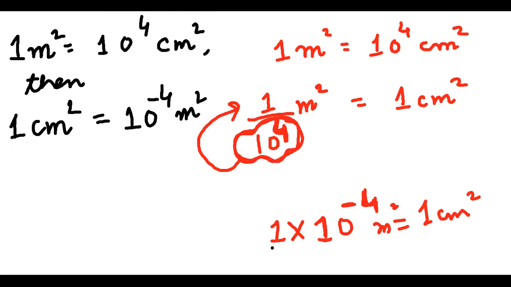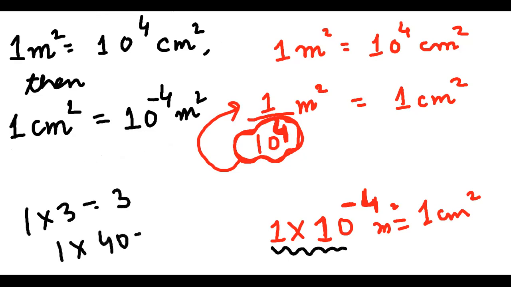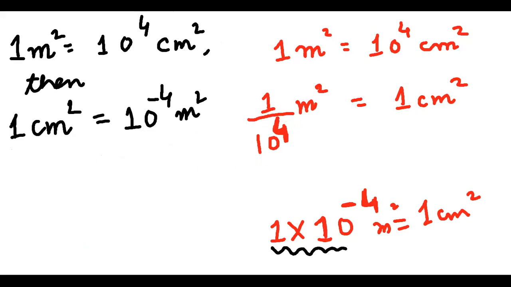And children, 1 multiplied by something, if I write 1 into 3, the answer comes 3. If I write 1 into 40, the answer comes 40. So similarly, 1 multiplied by 10 raised to power minus 4 will be only 10 raised to power minus 4.